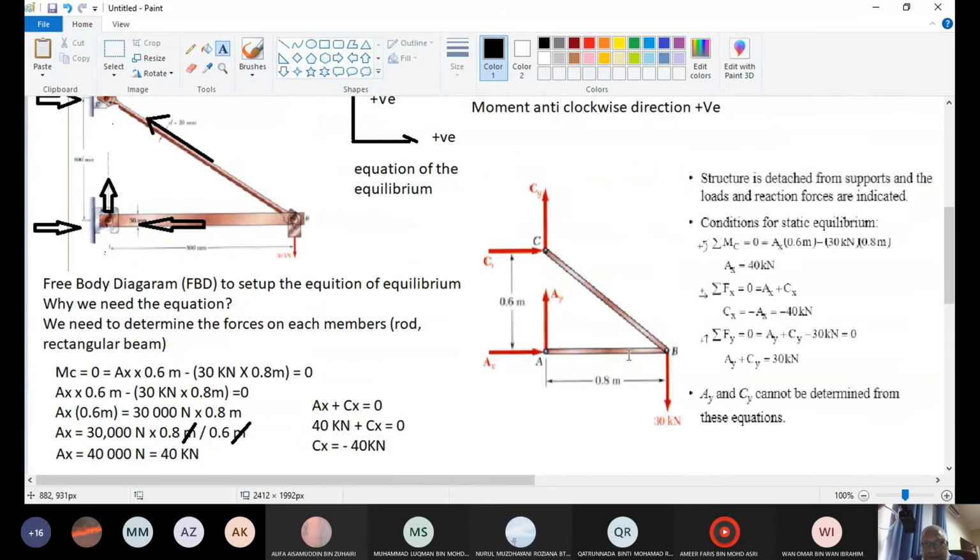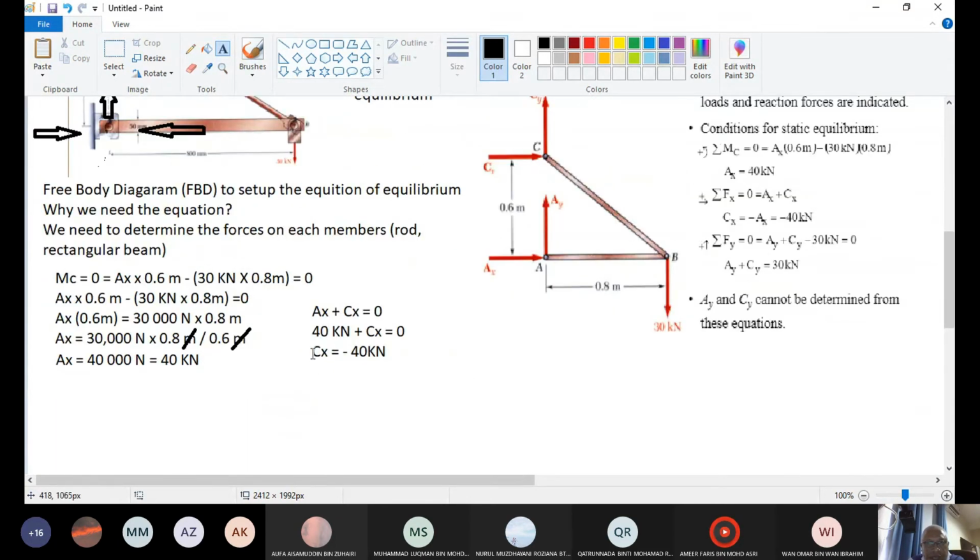Now we are able to get the Cx. Now we got member Cx, 40 kilonewton.